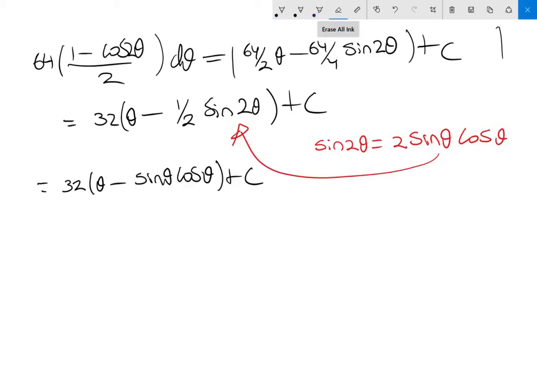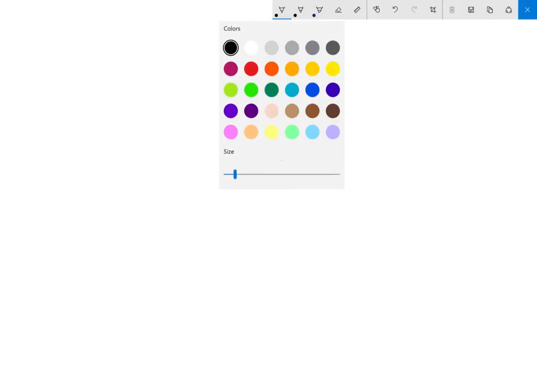Alright, so now I'm just going to rewrite it here: cos theta plus c.